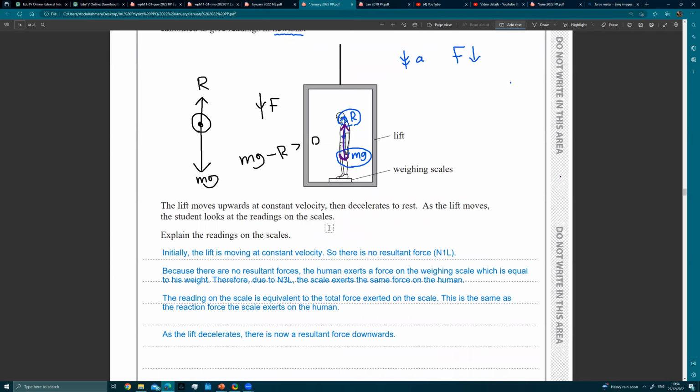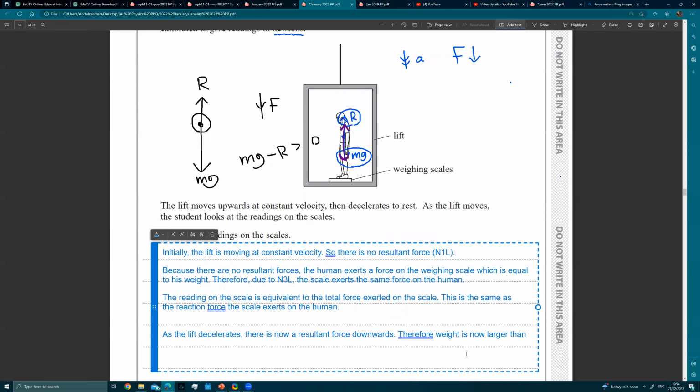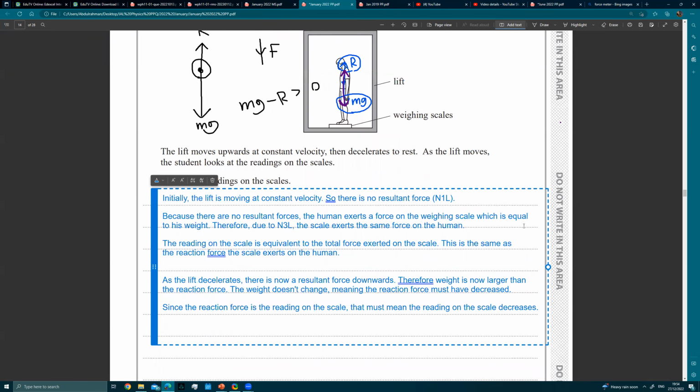So you're going to write this like so. As the lift decelerates, there is now a resultant force downwards. Therefore, weight is now larger than the reaction force. The weight doesn't change, meaning the reaction force must have decreased. Since the reaction force is the reading on the scale, that must mean the reading on the scale decreases until he's at rest.